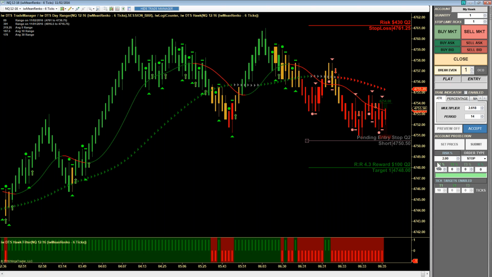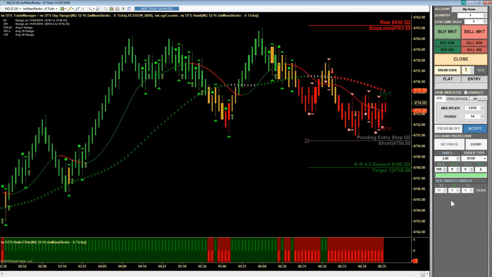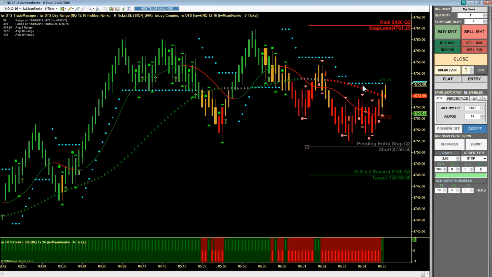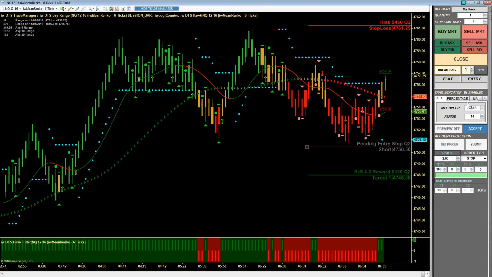The tool you see me using here on the right, this is the Trade Manager. I'm going to be talking about that a little bit more. But essentially, the Trade Manager has two components. It has what we call the Profit Manager component. You see these blue dots that print? This is our tool that manages our stops.